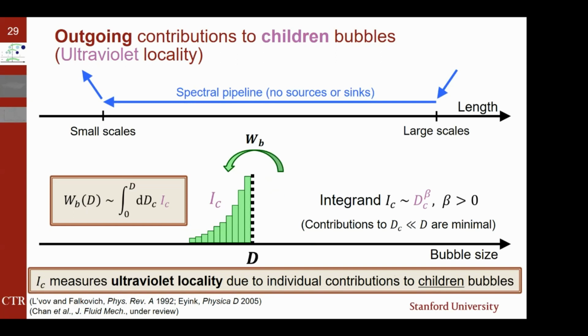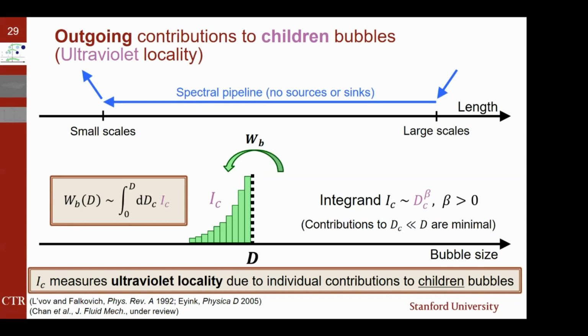So we can consider the process by symmetry in opposite fashion. We consider the contributions to individual child bubble sizes. So if we call this integrand IC, integrating this from 0 to D to recover the total flux, then IC needs to have a positive power law scaling. And we call IC ultraviolet locality.